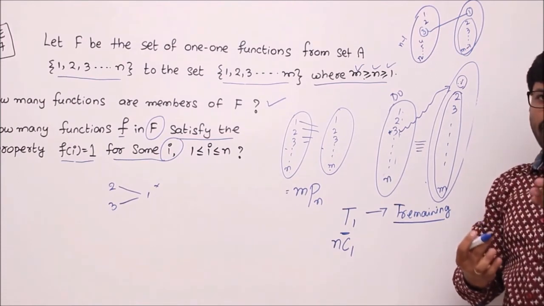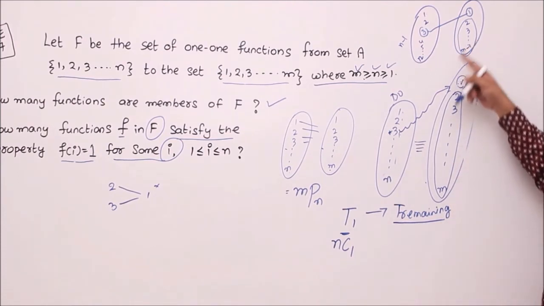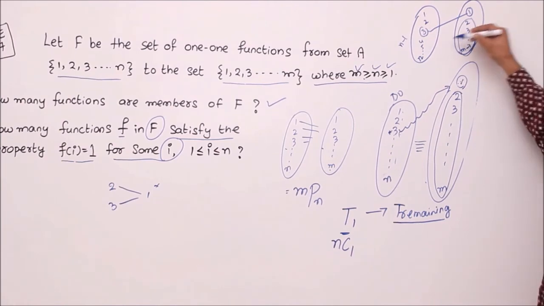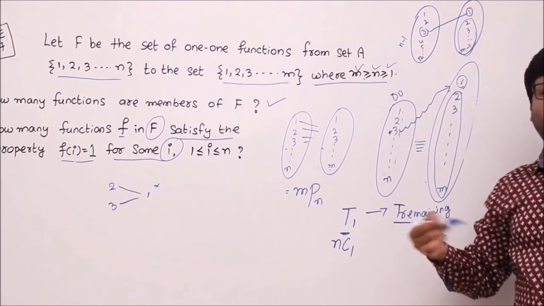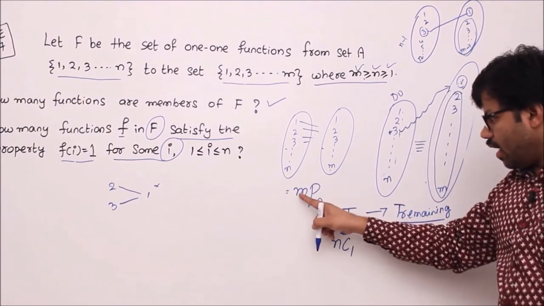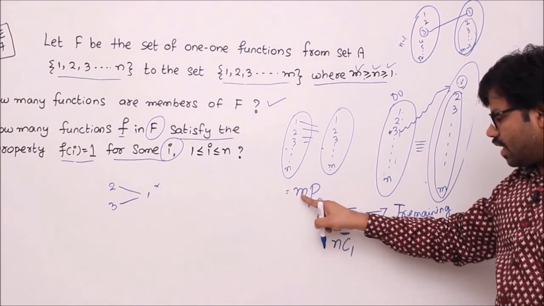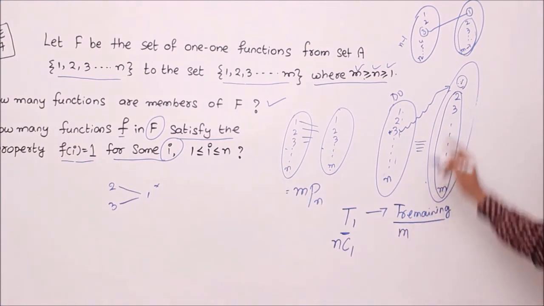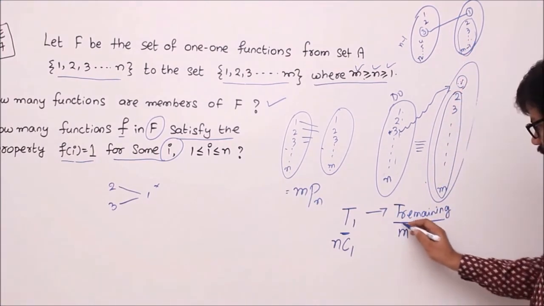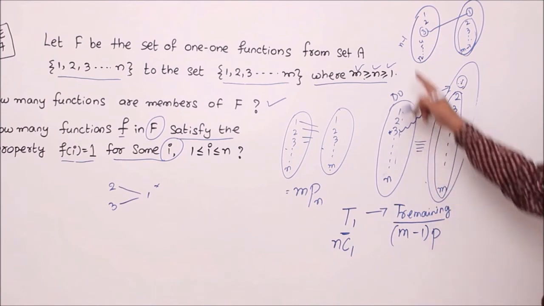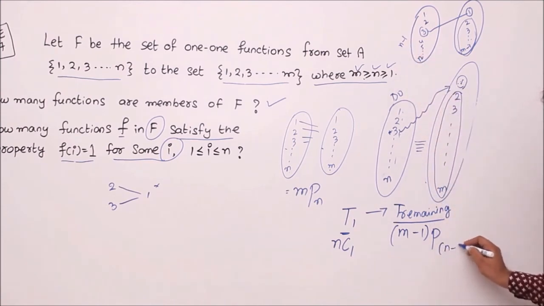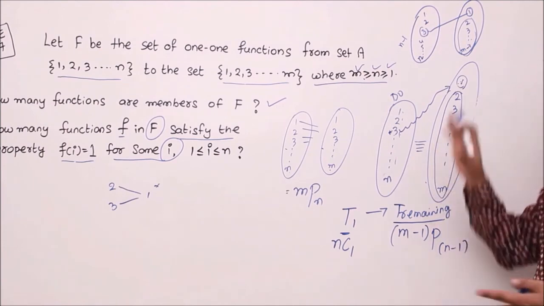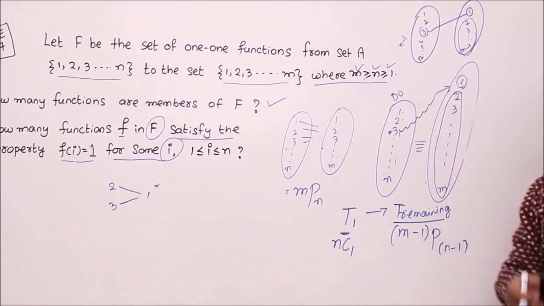Then only the overall mapping will become one-to-one. So how many one-to-one functions can we form from n minus 1 elements to m minus 1 elements? We know the formula, that is mPn: second set size P first set size. So now effectively the second set size is m minus 1, P first set size n minus 1, isn't it? So (m-1)P(n-1) ways we can form the remaining mappings.